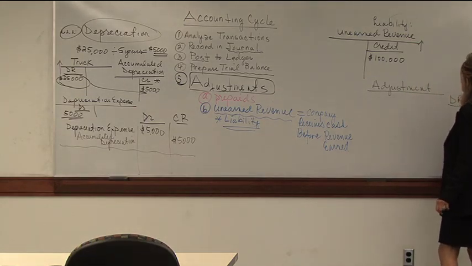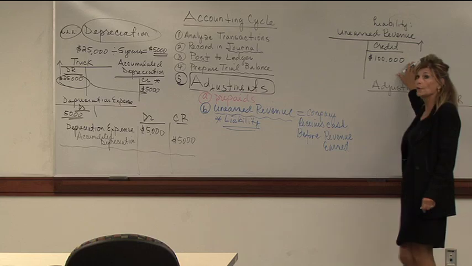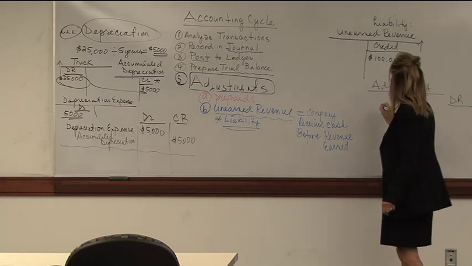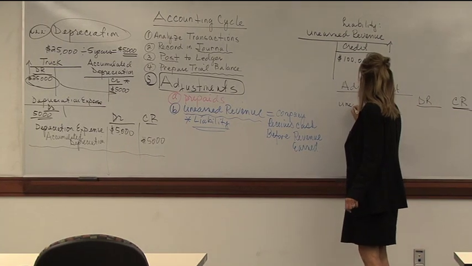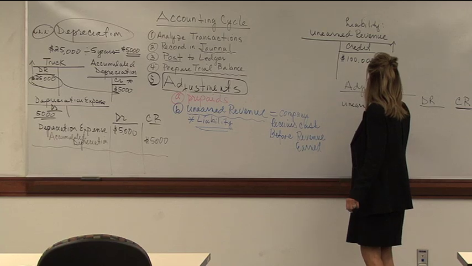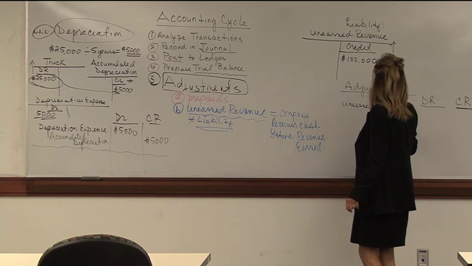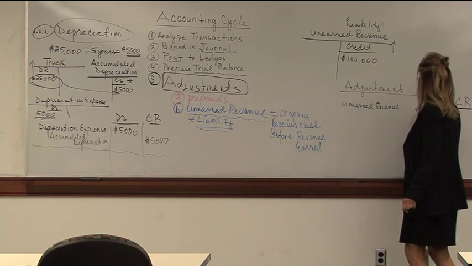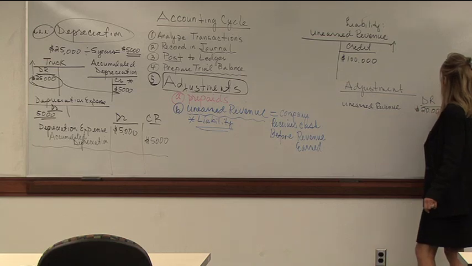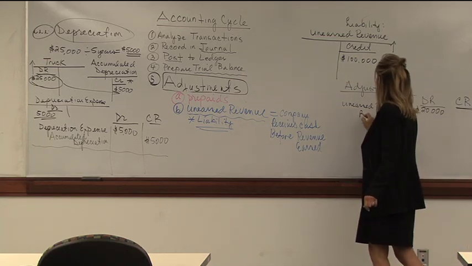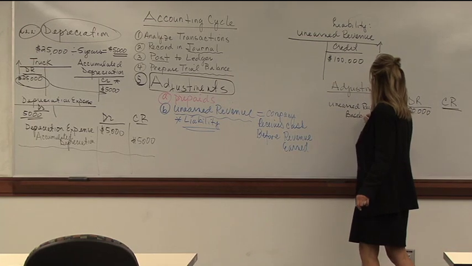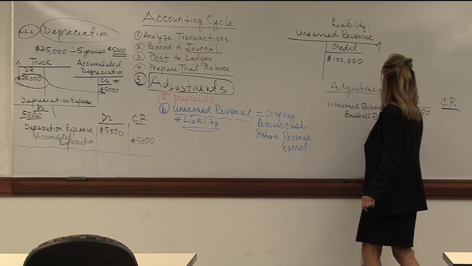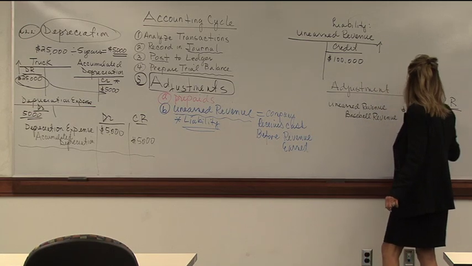So if it's 5 games, $100,000, every time we play a game, we're going to debit and reduce the liability unearned revenue, and we're going to put it into the revenue account. Liability down, revenue up.